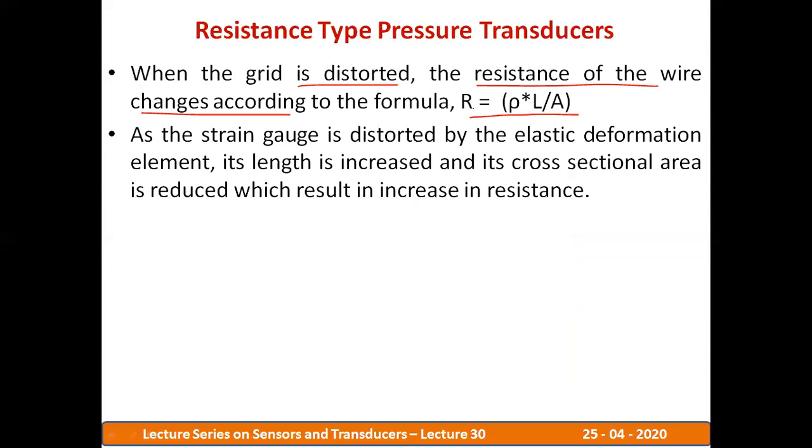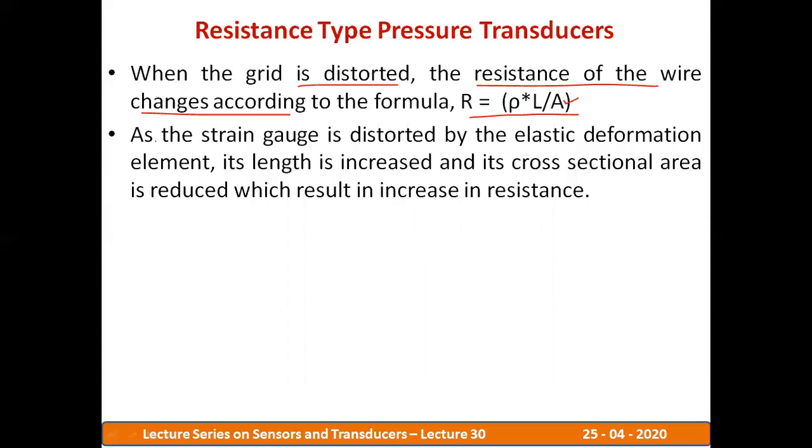R is the resistance of the wire, R is equal to rho L by A, where rho is the resistivity of the material with which the wire is made, L is the length of the wire, and A is the area.